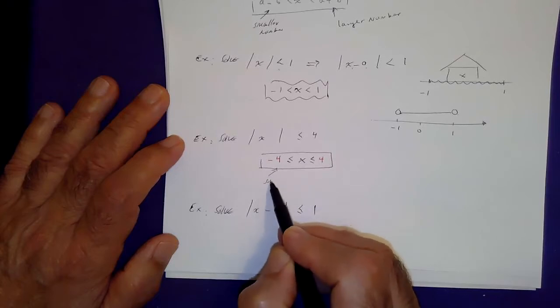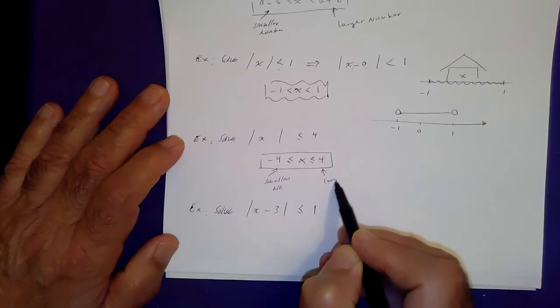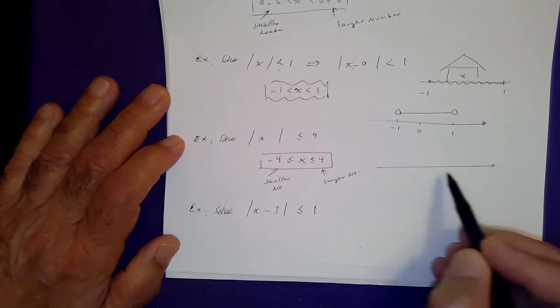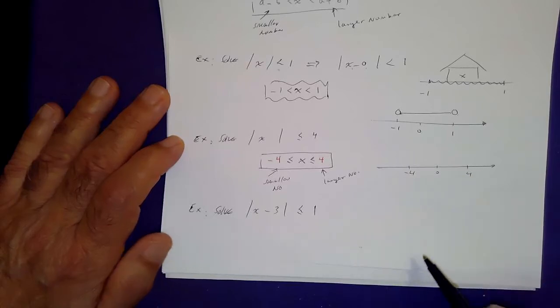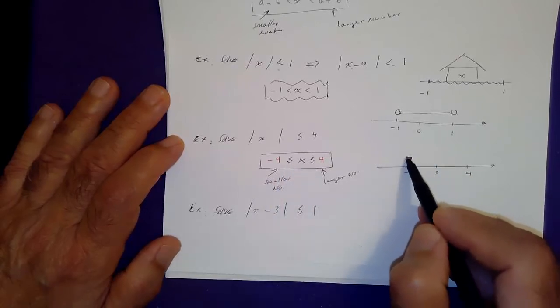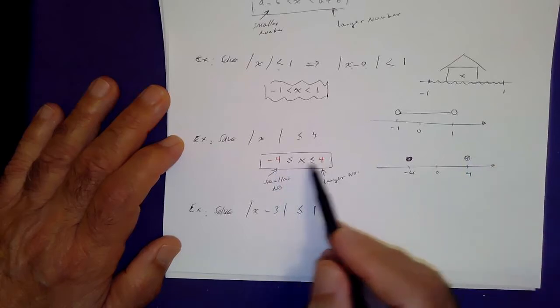Remember, the smaller number goes to the left. The larger number goes to the right. So how does this look on a number line? Well, here's -4, here's +4. Remember, we have an equal sign, so you get to draw the solid dots. But x is somewhere between these.